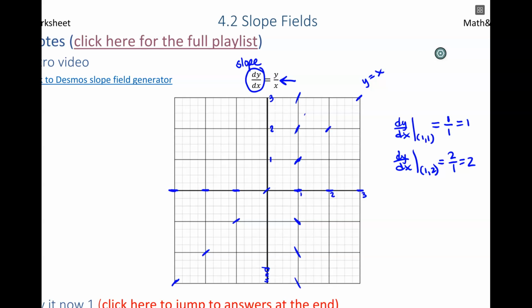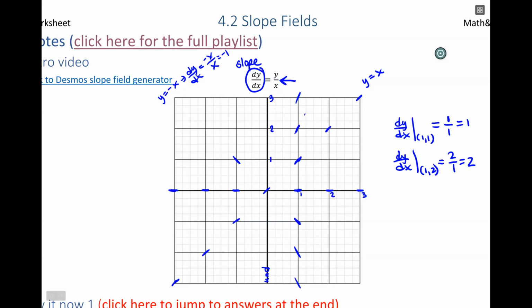You could also notice that if your y is the opposite of your x, then your slope is going to be negative x over x, -1. So for example, if I'm at -1, 1, then my slope is -1.